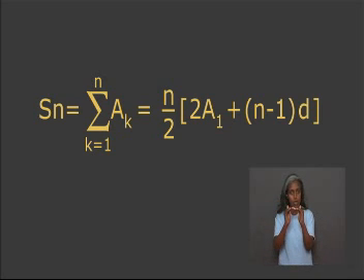This equals n over 2 times 2a1 plus the difference of n minus 1 times d.